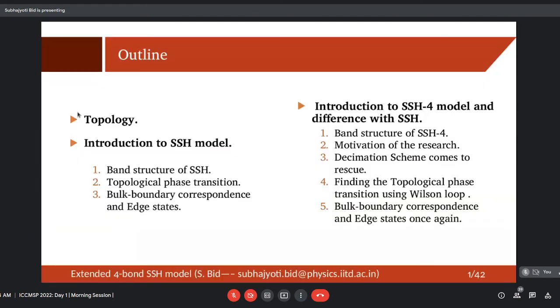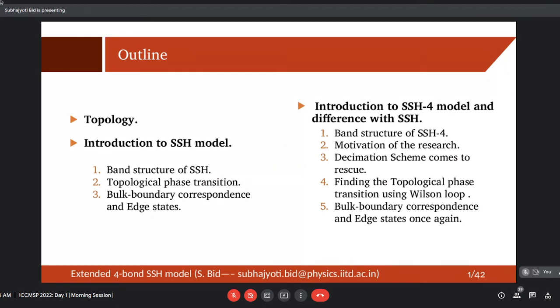So the outline of the talk is like this. I kept some very basic slides of topology, which are mandatory and kept in everyone's talk, in the first section. In the second section I will introduce the famous SSH model, a very simple model of a topological insulator.